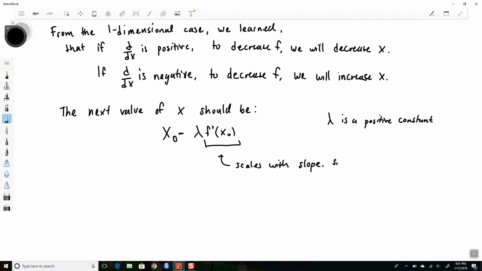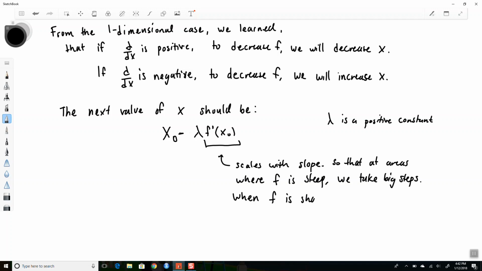So in areas where f is steep, we take big steps, and when f is shallow, we take small steps.